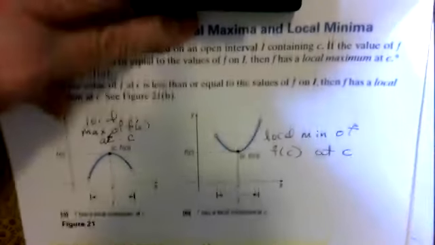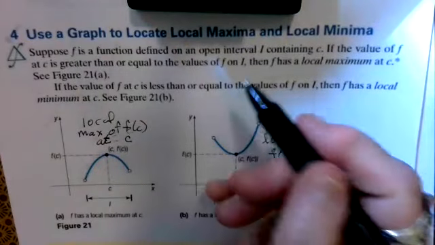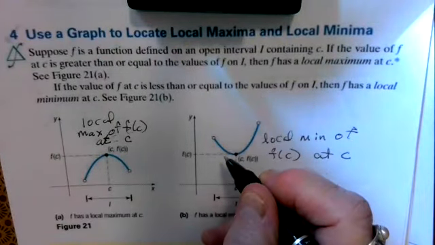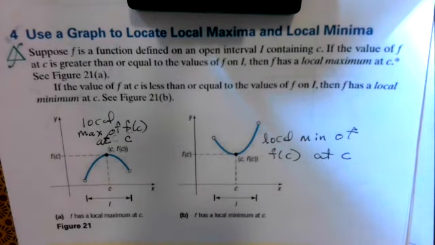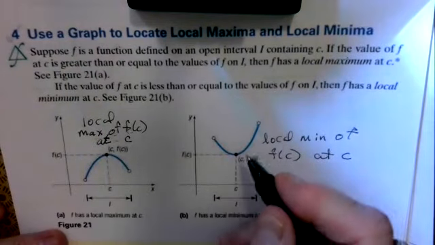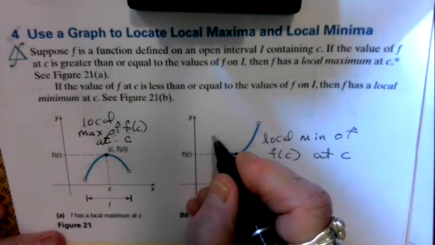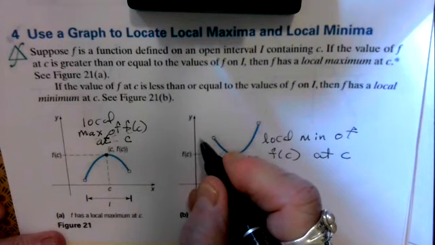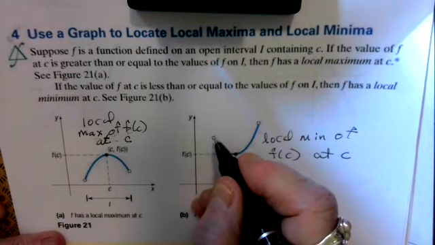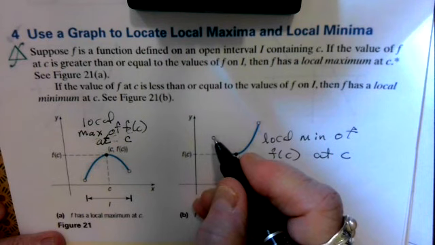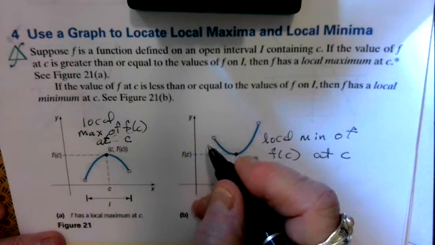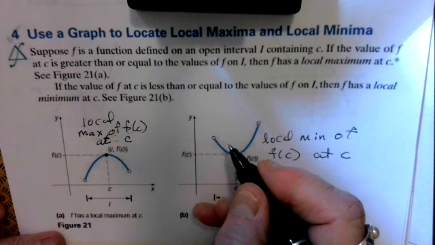And let me tell you this. I'm going to talk about absolute max and absolute mins in a minute. But you can't have a local max or a local min at the endpoints, because at the endpoint, there's nothing to the left. So you can't say that this point is higher than the values to the left and to the right.